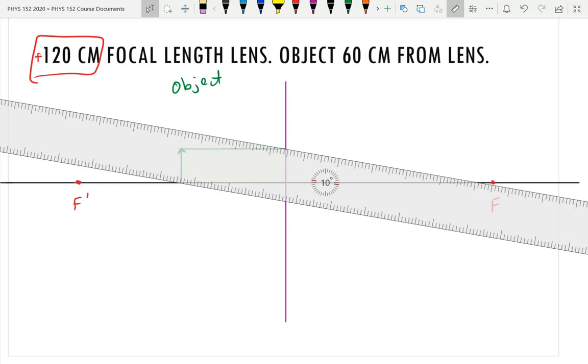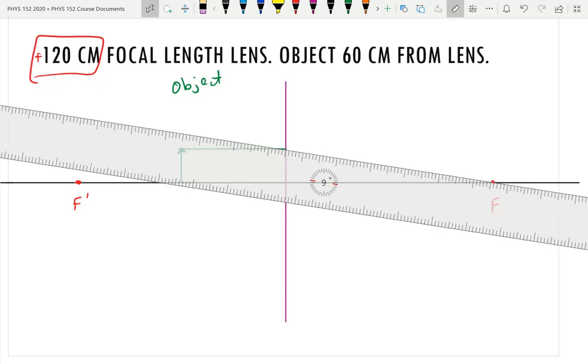Did you count like the 120 centimeters to mark the focal points? I did, yes. Okay. And there you can on this. So there is the ray that is going through. That's the actual parallel ray.